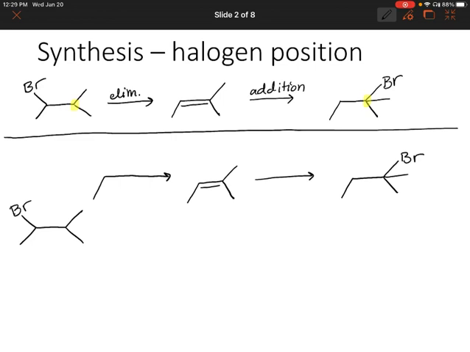So how do we form an alkene from our starting material? Well, we already said we want to go through an elimination process, but let's also consider what type of double bond we have. Is this a substituted double bond? Is it not very substituted?